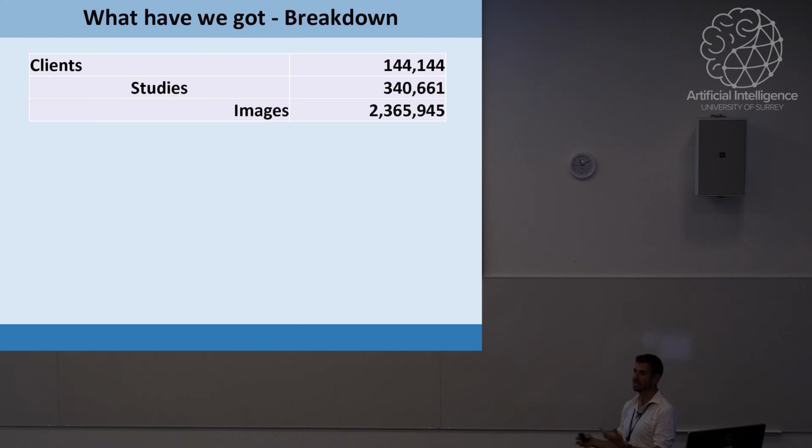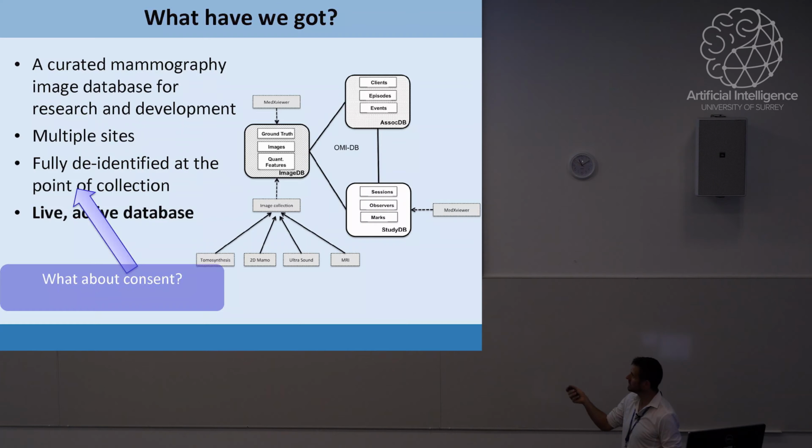It's implied consent by them attending the screening centre. And so we are able to collect this data without consent as long as the data is collected from the specific screening site by an authorised member of staff, authorised to see patient data for whatever purpose, and that no patient information ever leaves. The only information that ever leaves the site is de-identified data, so it's no longer patient information.